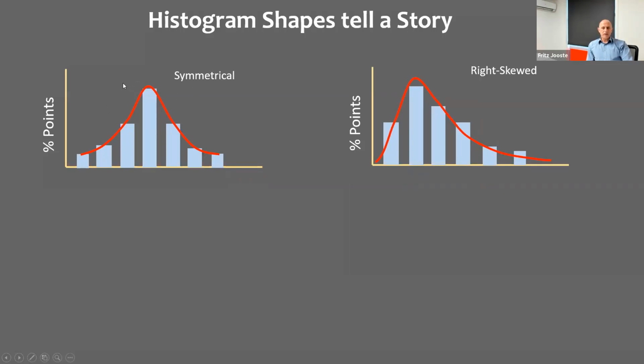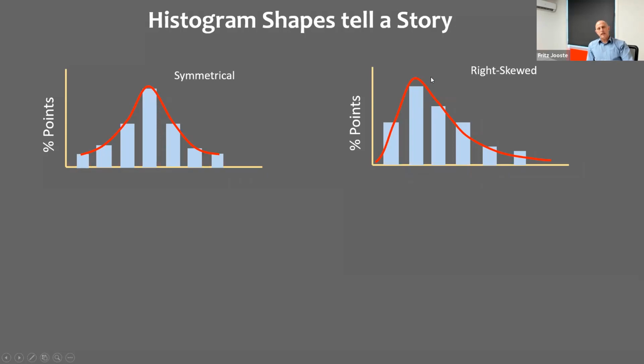If you have a symmetrical distribution, the mode, the mean, and the median will more or less lie on top of each other, depending on how exactly symmetrical your data is. But in a right skewed distribution, generally speaking, your mode, the value that occurs most often, would lie mostly to the left.